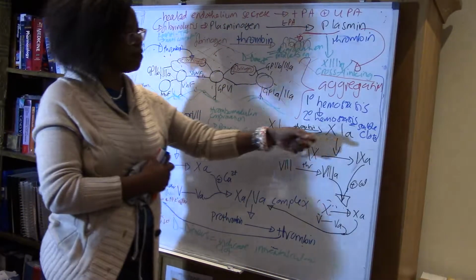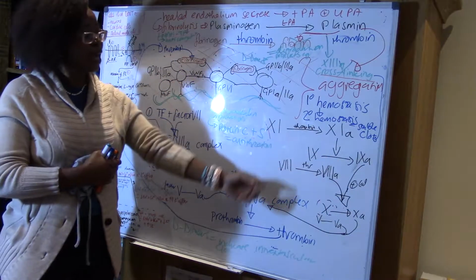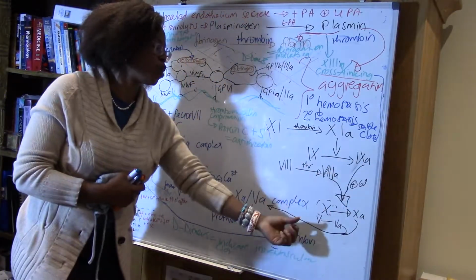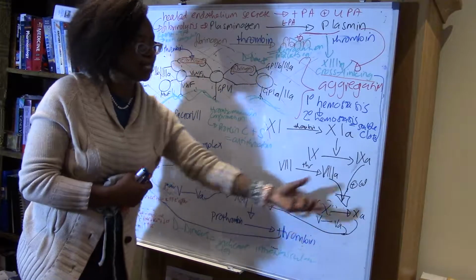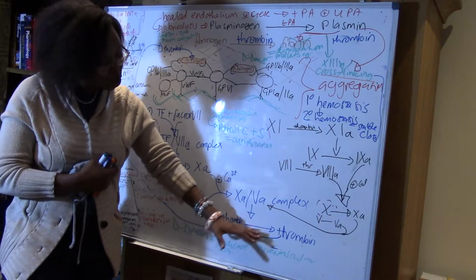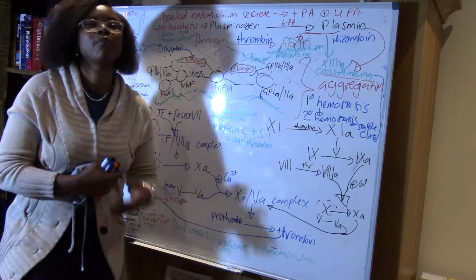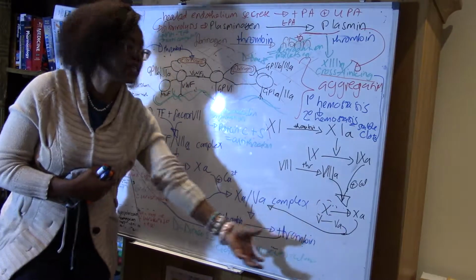I've shown how activated factor 11 then activates factor 9, and then factor 9 and factor 8 form a complex, which then activates factor 10, and that activated factor 10 forms a complex with factor 5 to potentiate and augment thrombin activation.